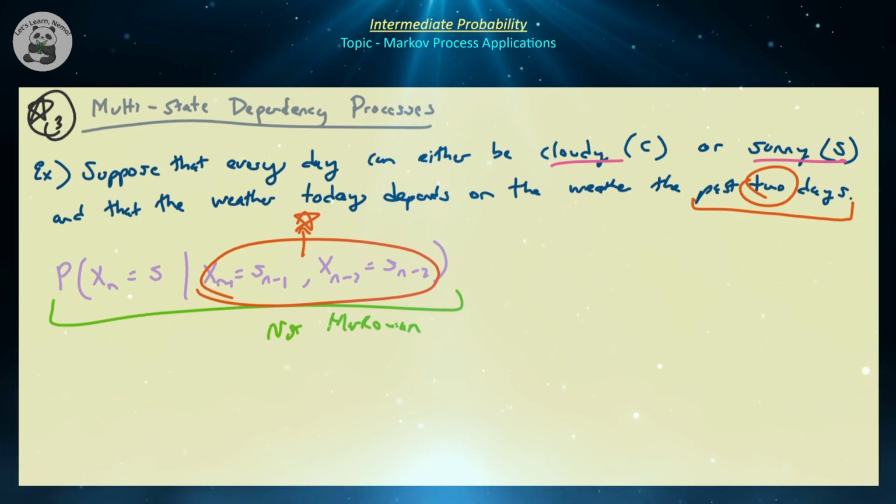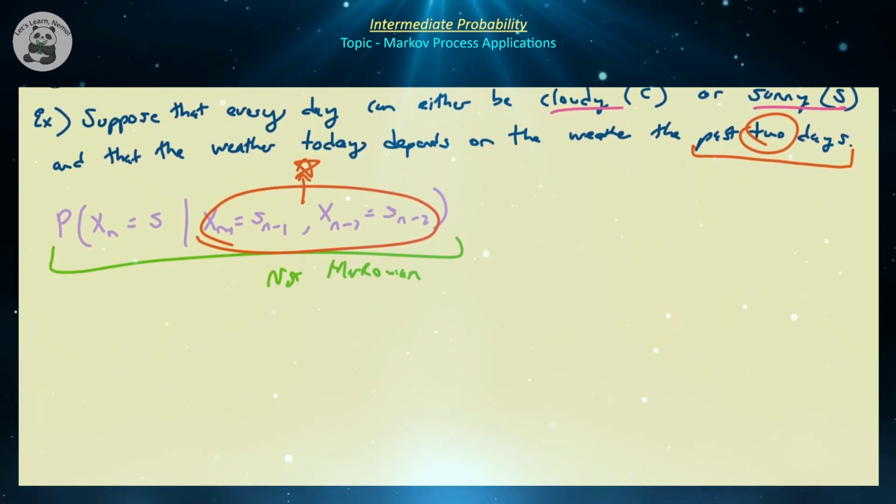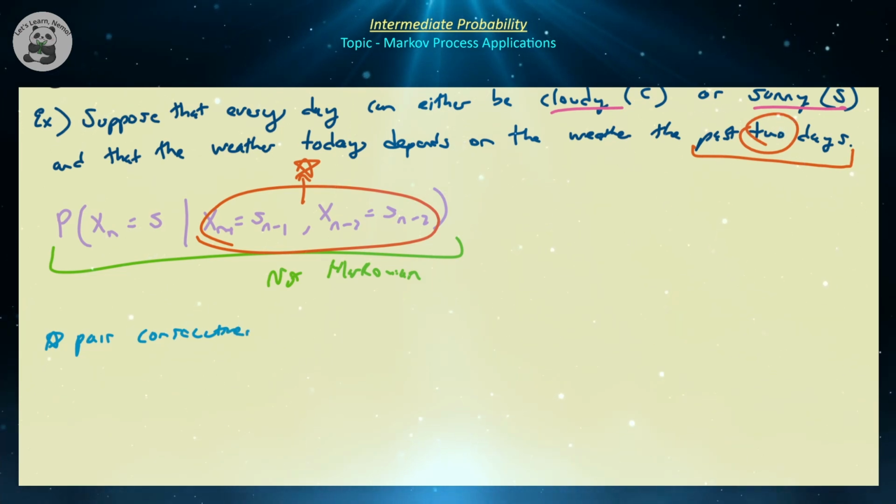How we're going to do this so that this can be viewed as a Markov process, else we're going to have a 3-dimensional tensor or a 3-dimensional matrix or something like that to deal with, which can be a little bit messy. So our strategy is to pair consecutive days or states together. So pair consecutive states or days into pairs.